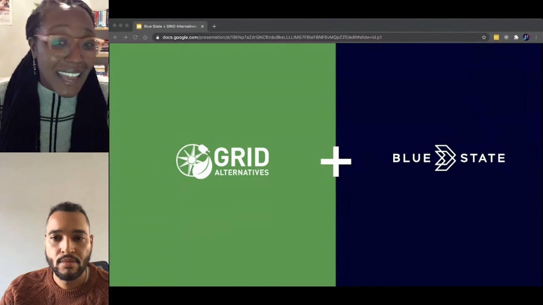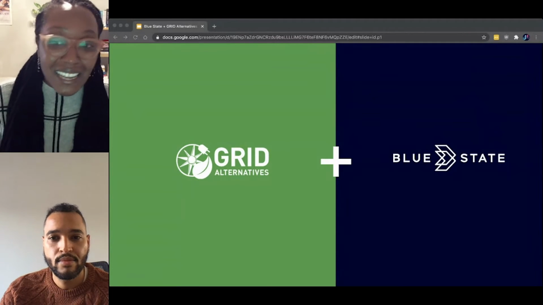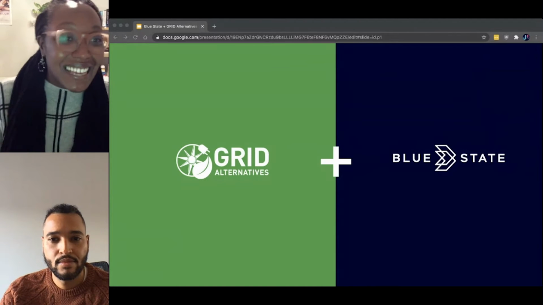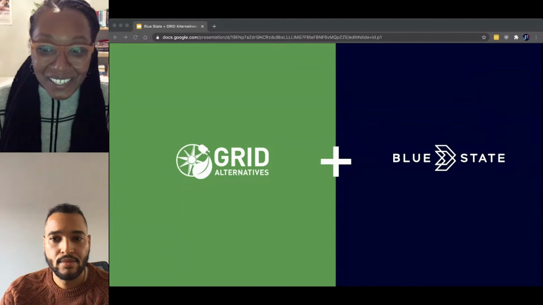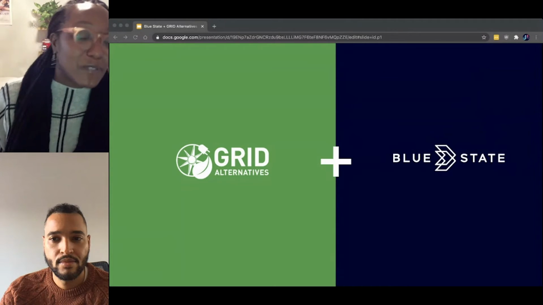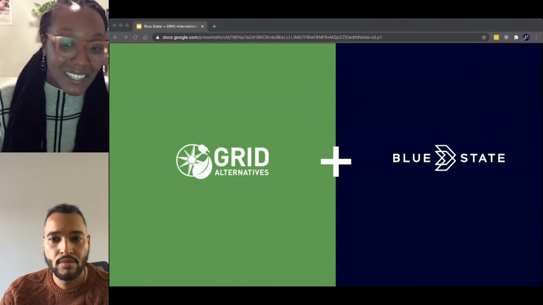So Grid and Blue State have been working together since 2019. And when we approached the team, we said we want folks that are able to think in these intersections. And we wanted to make sure that we were addressing the system of transportation overall, not just what we had been granted to do.